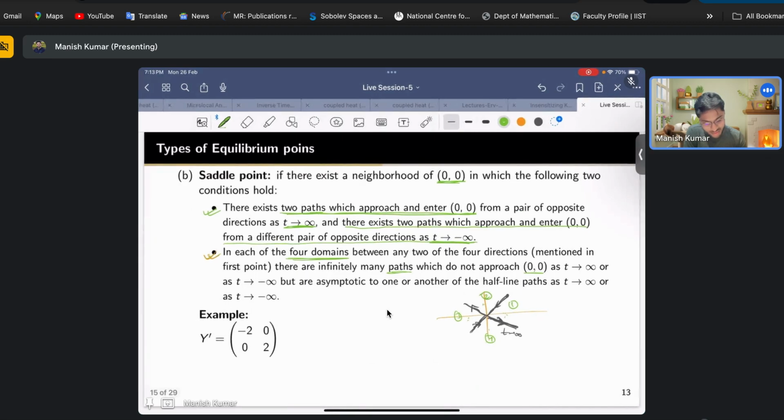That means the other curve should be like this. It will be asymptotic to these straight lines. If such things happen, then we say that this origin is a saddle point.